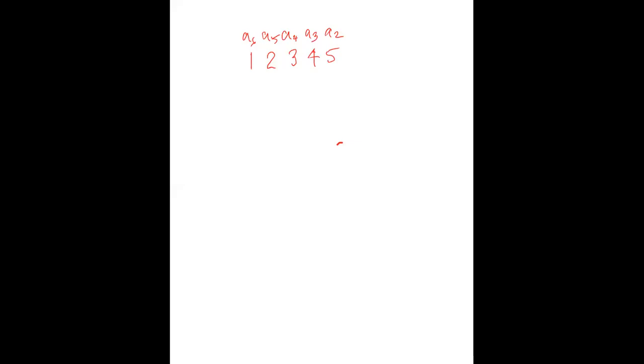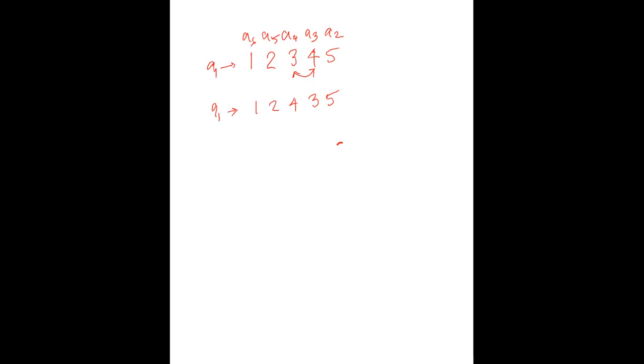Now we can look at a transposition error where 3 and 4 are interchanged. So for example, it is 1, 2, 4, 3, 5. Now we'll just calculate what A1 comes out to be for both of these codes.